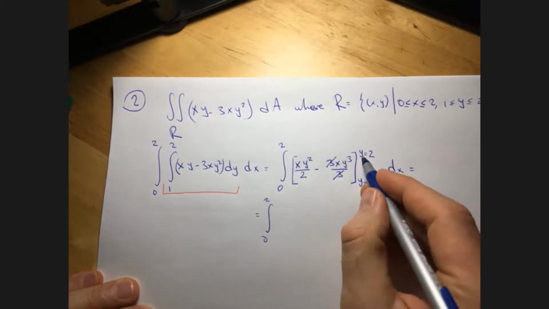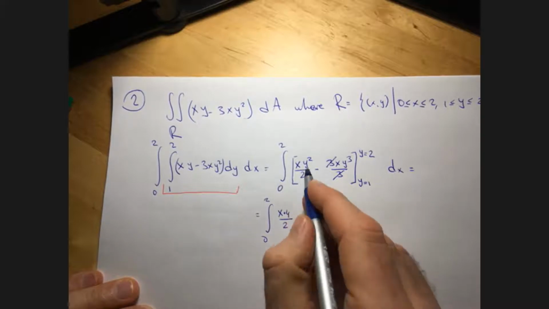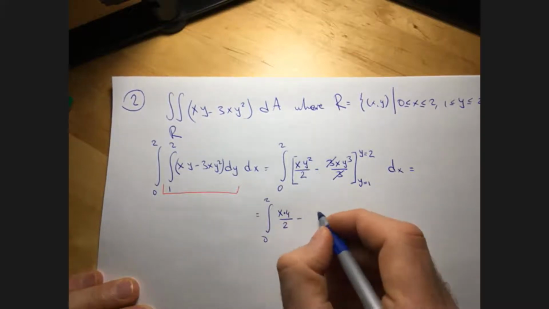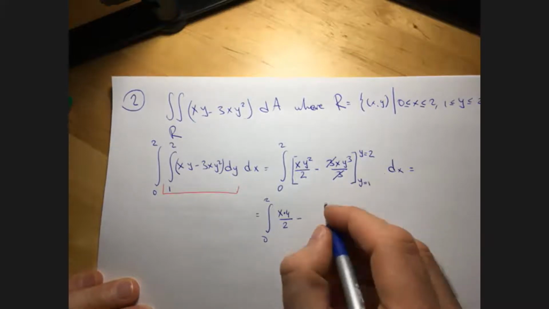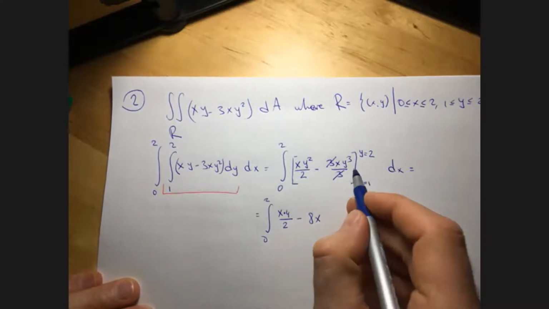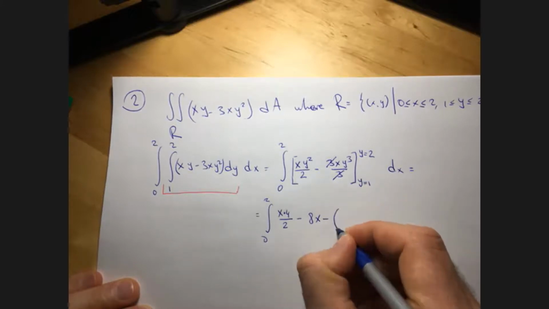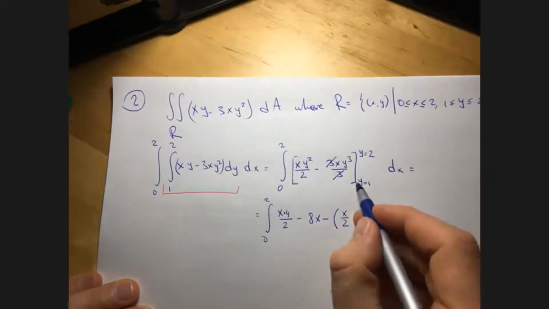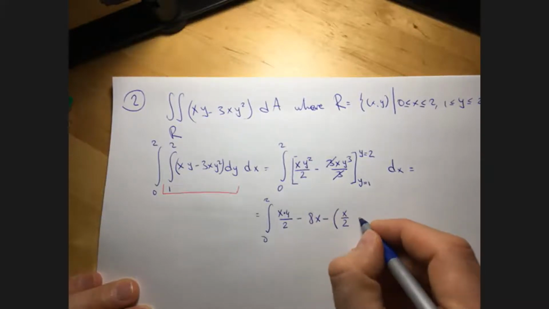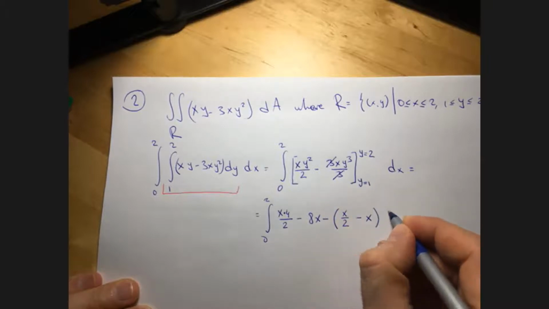Now plug y equal to 2, you get x times 4 over 2, y squared is 4, minus 8x, because 2 cubed is 8, minus, open parenthesis, x over 2, because y is 1, y squared is 1, minus x times 1 cubed is just x, dx.